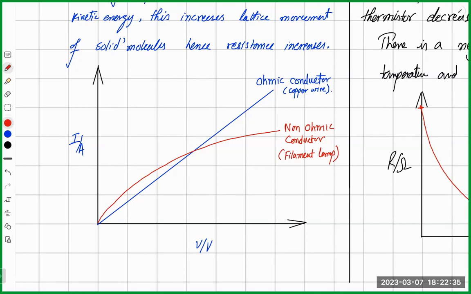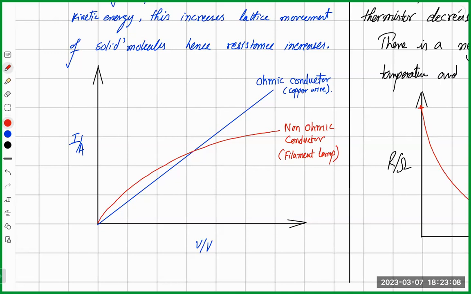And I hope you can see that red line over there. If it had continued its initial pattern, the current should have increased like this. But it did not. Why? Because when the current increased, voltage increased, energy was consumed inside the filament lamp, the temperature of the filament increased, so the resistance of the filament lamp increased as well.